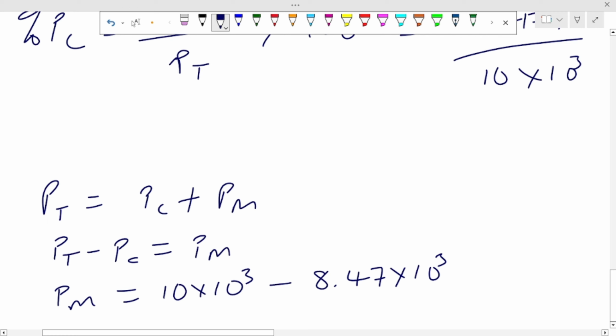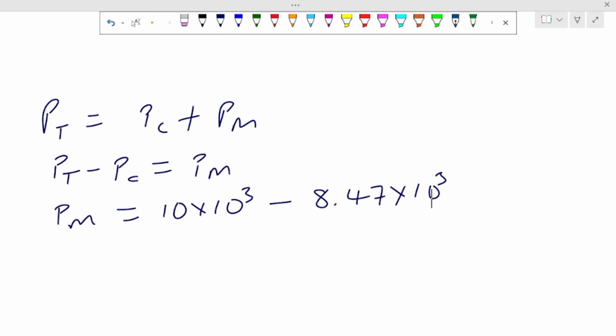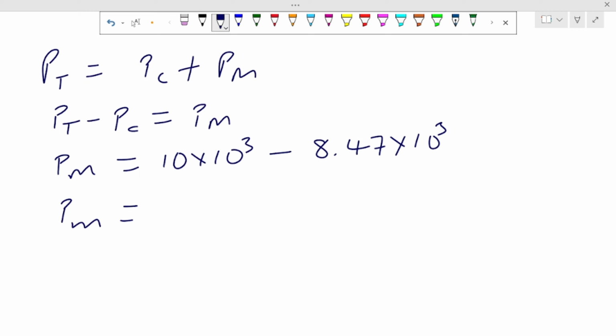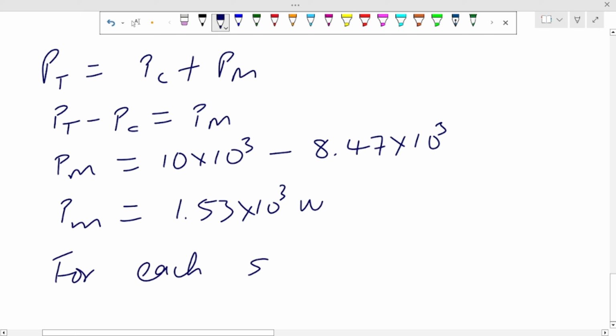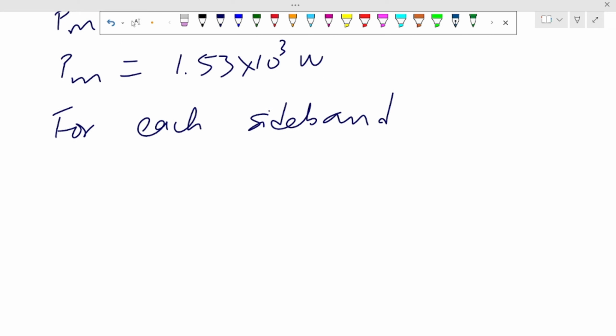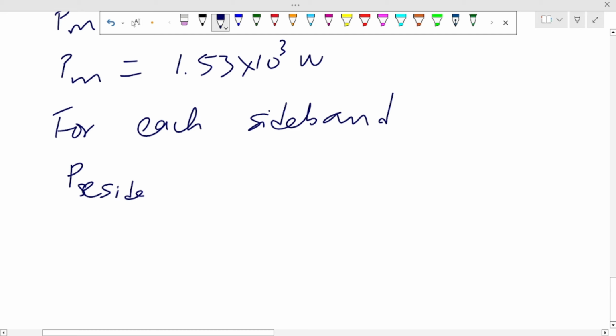So this will now give you 1.53 times 10 to the power 3 watts. So for each sideband, that will now give you the power of each sideband.